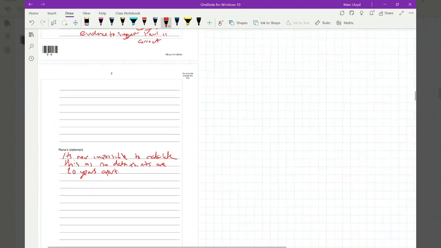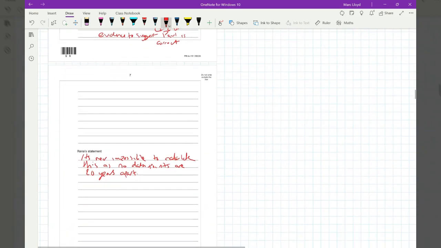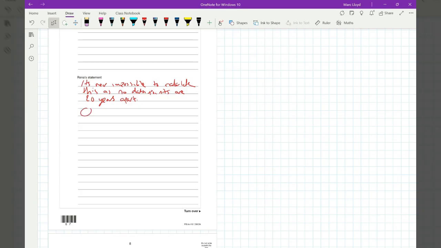And then I'm also going to say, look, if you can see these values here, they've made much more progress, it would appear. So other regions may have made more progress.